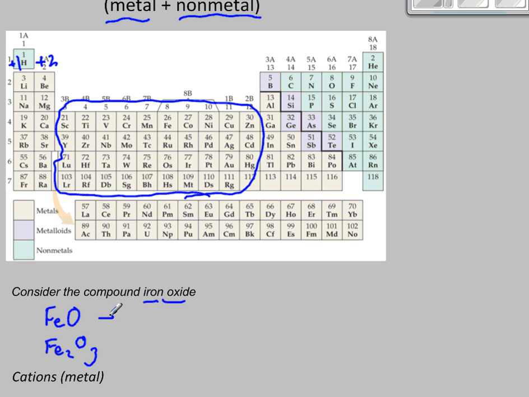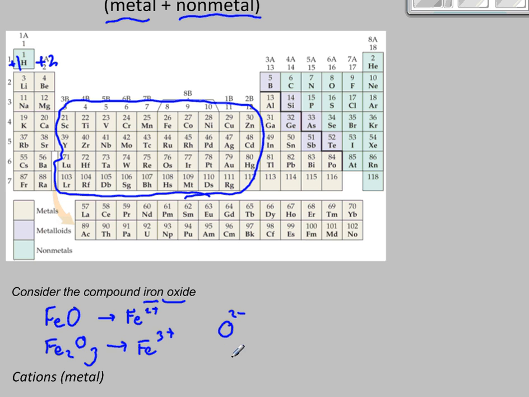Well, in this first scenario, the iron has a 2 plus charge, and in the second scenario, the iron has a 3 plus charge, because oxide is always a 2 minus. So in this case, 2 minus means the iron must be plus 2. And here, if we've got 3 at negative 2, that's negative 6. And then if we've got positive 6 from the iron, there are 2 iron ions present. Each one must be plus 3.